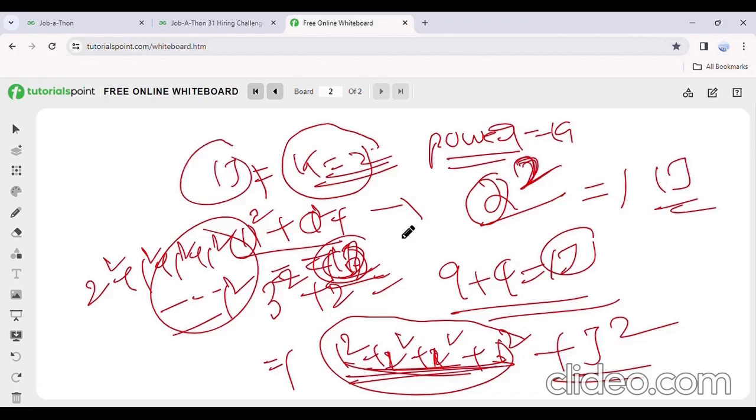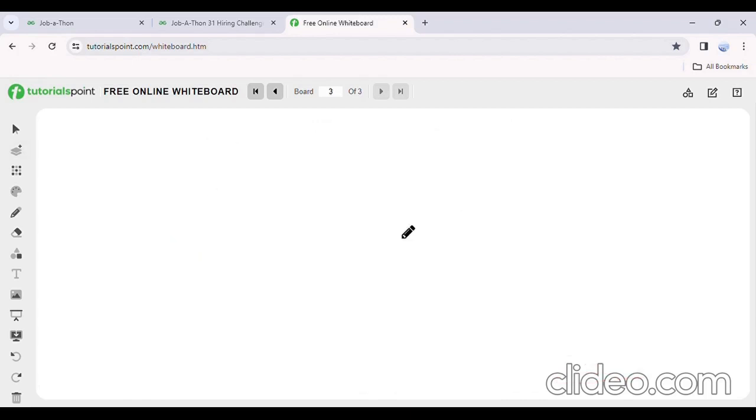So guys, I will explain another example. Suppose the number is 25 and k is equal to 3.